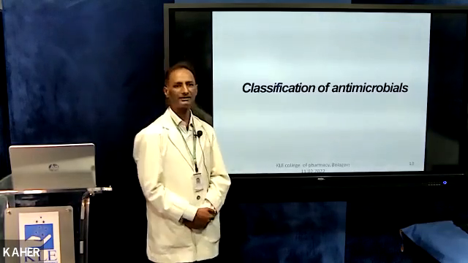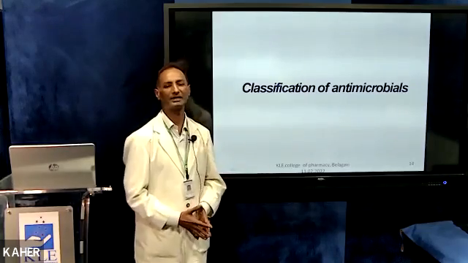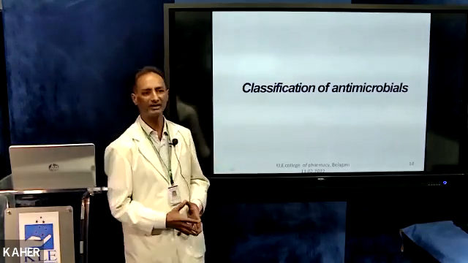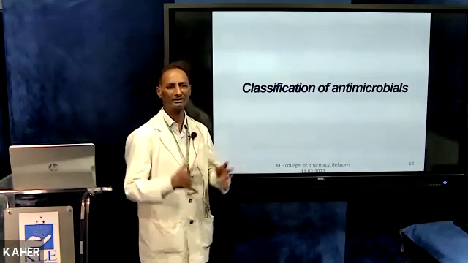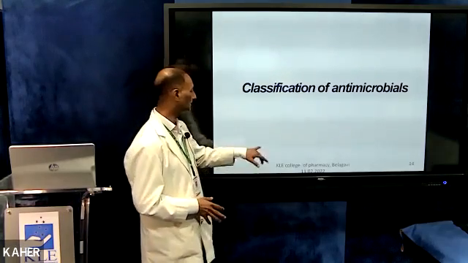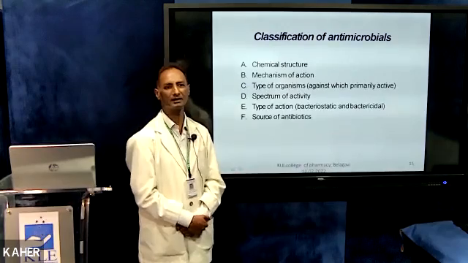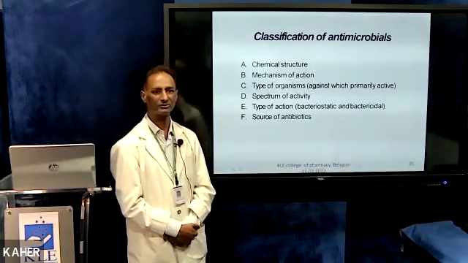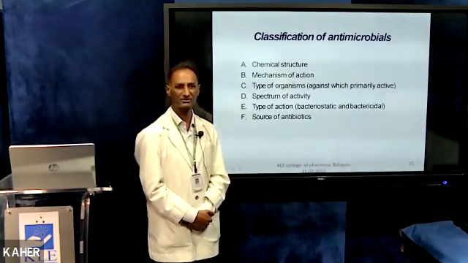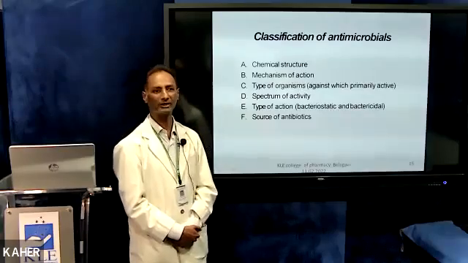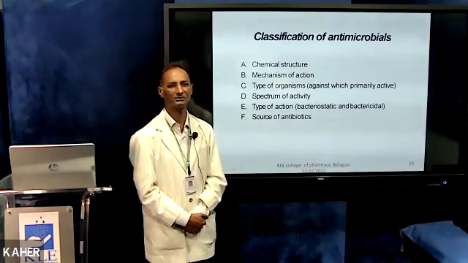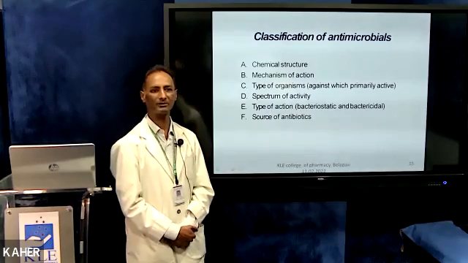And along with that, we are moving towards the classifications, the different classes of the antimicrobials. There are different classifications depending upon their chemical structures, the chemical moiety they possess, the mechanism of action, the type of organisms of the infection, and the spectrum of activity.